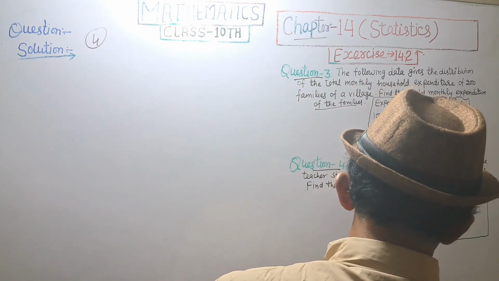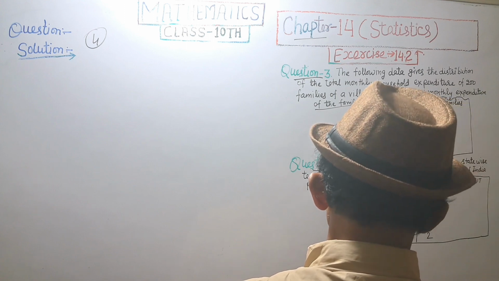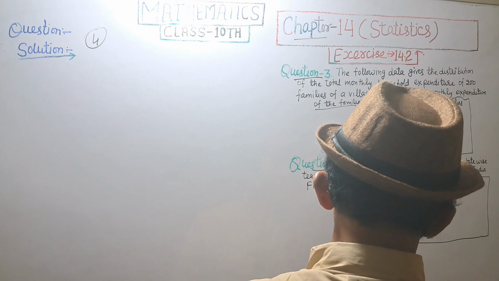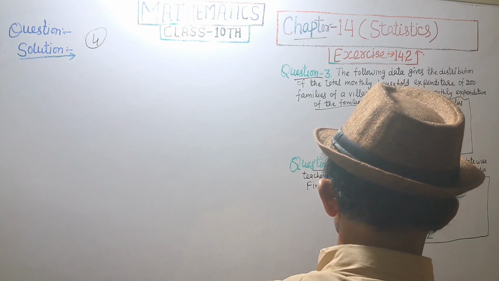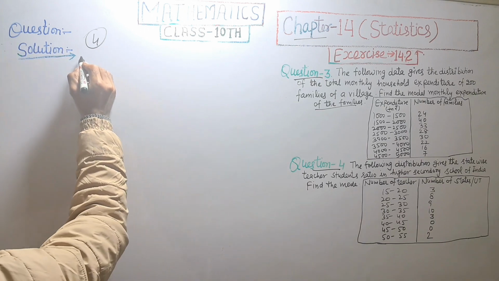Question number 4. The following distribution gives the state-wise teacher-students ratio in the higher secondary schools of India. Find the mode.